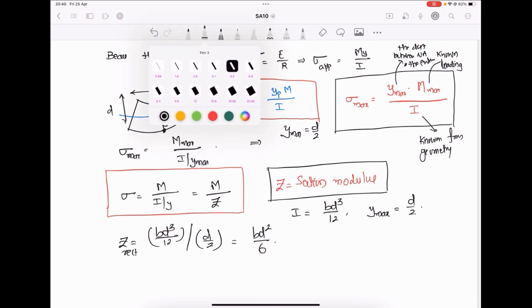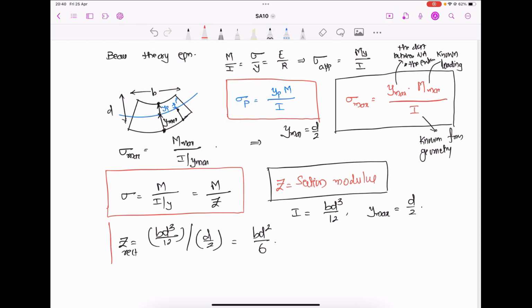This is very, very important, because maximum beams used, either in C shape, L shape, I shape or T shape, the maximum used are rectangle. That means the section modulus of a rectangular beam is BD square by 6. What are the units? Section modulus units are cubic meter in SI units. This is about the section modulus.